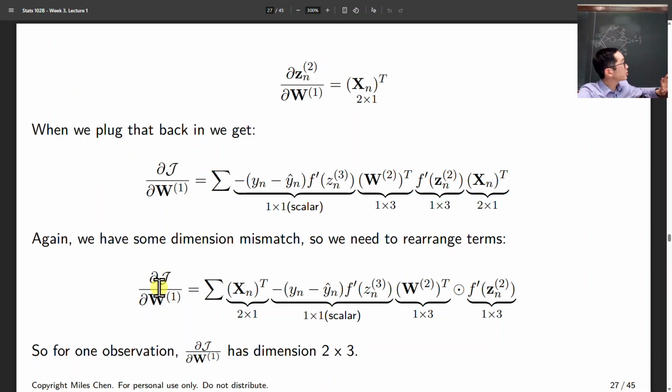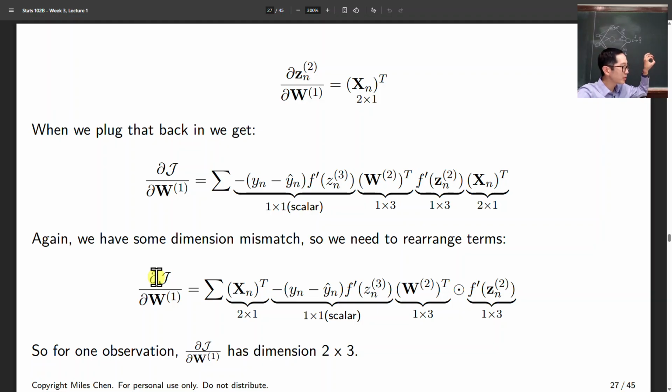Remember, we want to find the gradient of J with respect to our W1 matrix. We know this result should be a 2 by 3 matrix, because it should be a matrix of partials. W1 has dimensions 2 by 3, and so the matrix of partials should also have dimension 2 by 3. So we do want 2 rows and 3 columns. What is the element that's going to go in the top left corner?